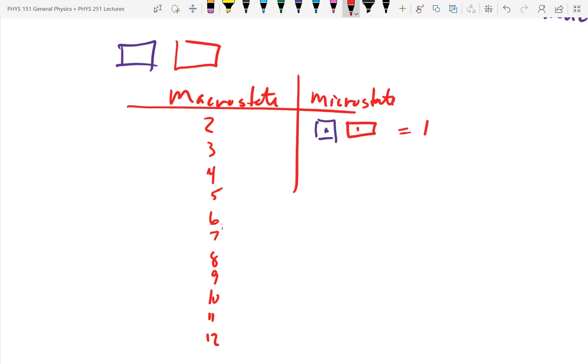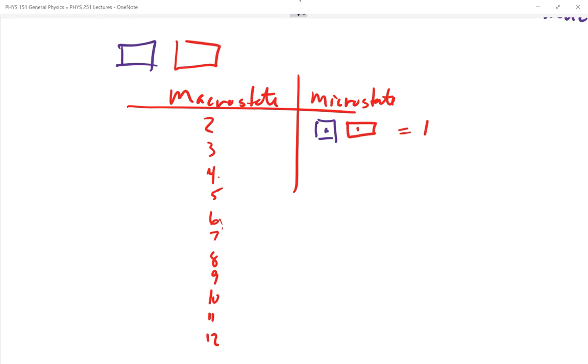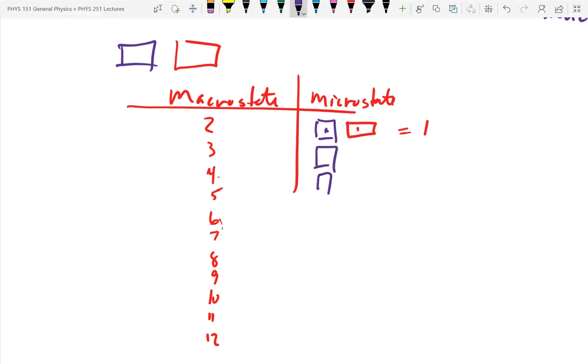Now let's go to 3. How many ways can I get 3? 2 and 1, 2 ways. That's right. 2 and 1 or 1 and 2. So that's 2. For 4, it can be 1 and 3, 2 and 2, or 3 and 1.